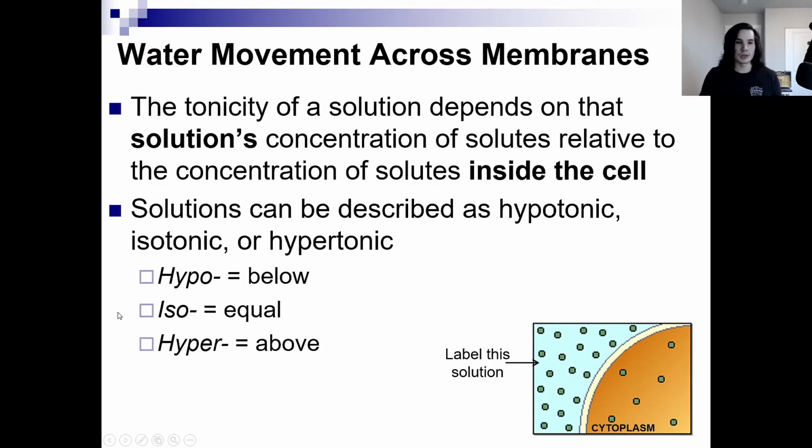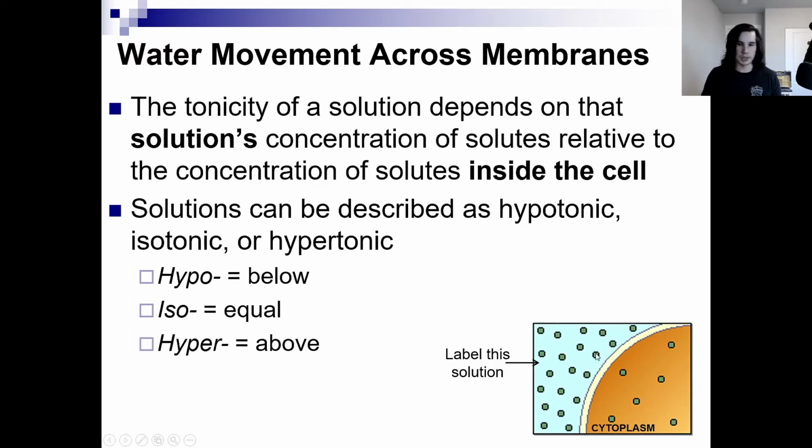Now, if we have an isotonic solution, that means that the solute concentration is equal within the solution to within the cell. And now if we're talking about a hypertonic solution, you have more solute, a higher solute concentration outside of the cell than you do within the cell.